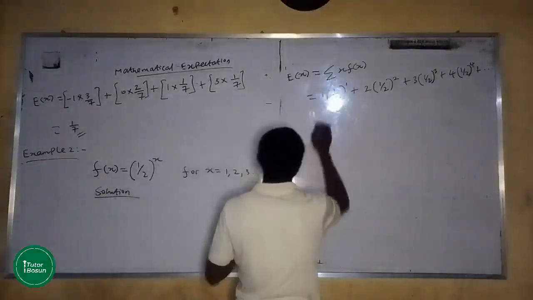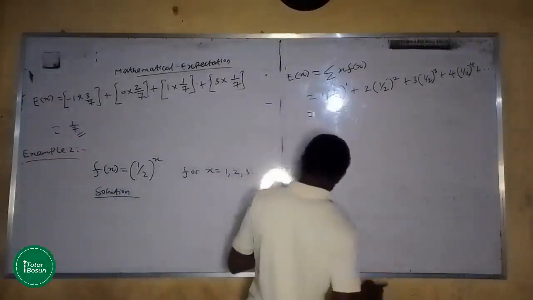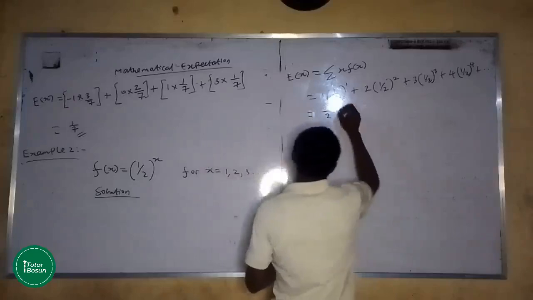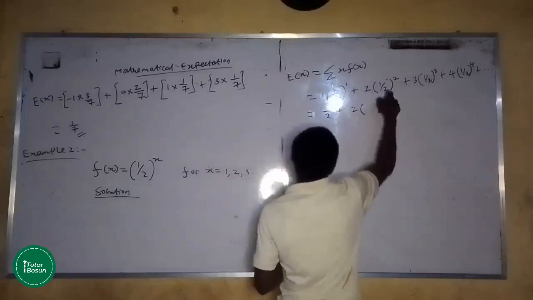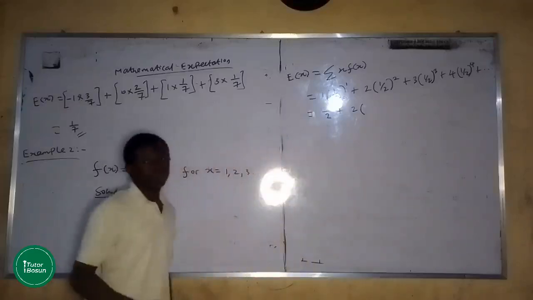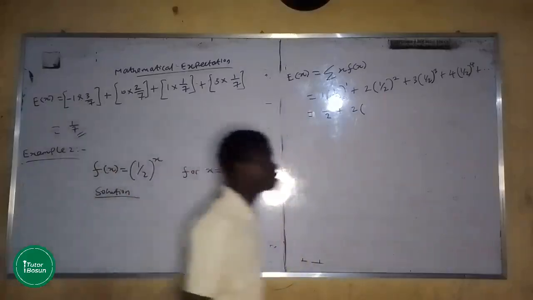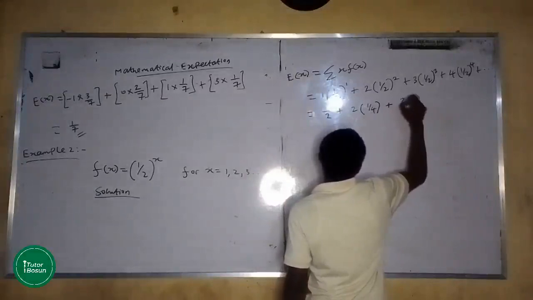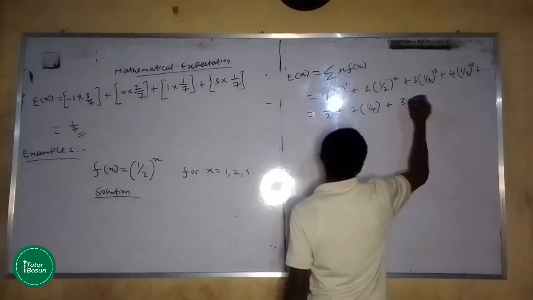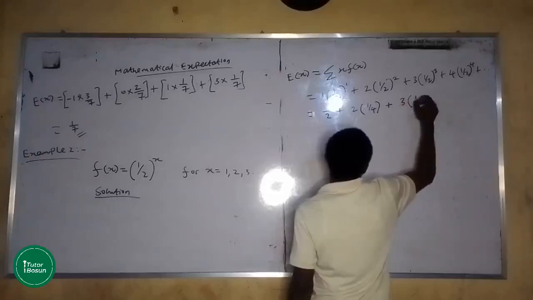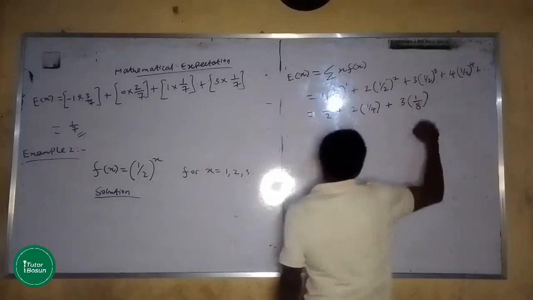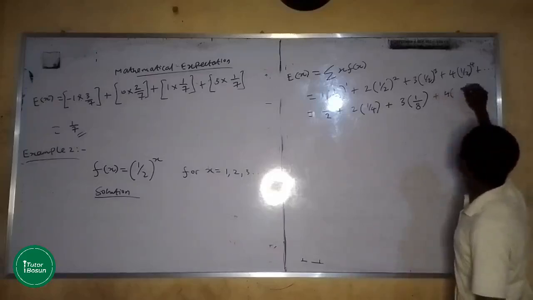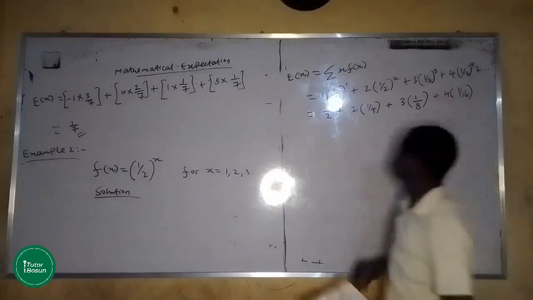So let's break this down. We have 1 over 2, plus 2 into 1 over 2 squared, which is 1 over 4, plus 3 into 1 over 8, since 2 raised to power 3 is 8, plus 4 into 1 over 16, since 2 raised to power 4 is 16.